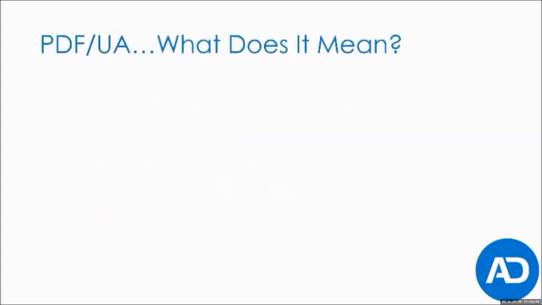But what is PDF/UA? UA stands for Universal Accessibility. It was a project that was started as early as 2004, where the reality was PDF content was inherently not designed to be accessible. It was designed to be printed and transferred from one machine to another, even predating the internet, so that one print shop could see what a designer had built and it would print off perfectly well the next time.